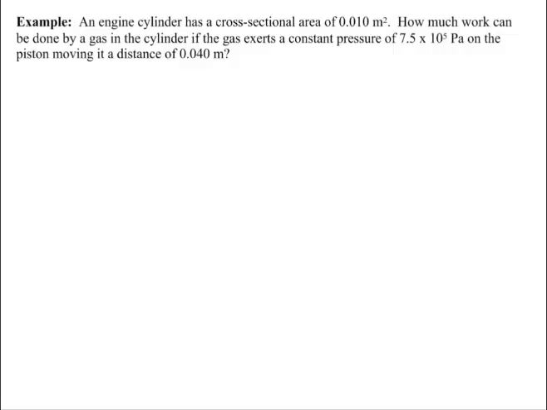Okay, let's take a look at an example using this new equation. We have a cross-sectional area of a cylinder that's 0.01 meters squared. We want to find out how much work can be done by the gas if it exerts a constant pressure and moves the piston a particular distance. So let's work through this. Our change in volume is going to be our cross-sectional area, 0.010 meters squared, times our change in distance, 0.040 meters.